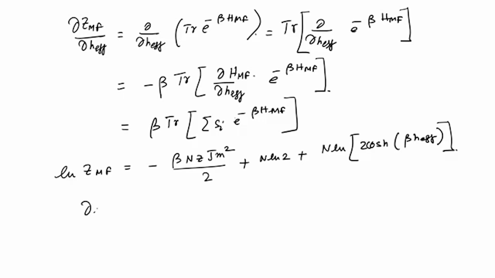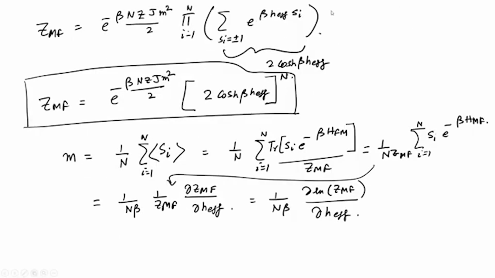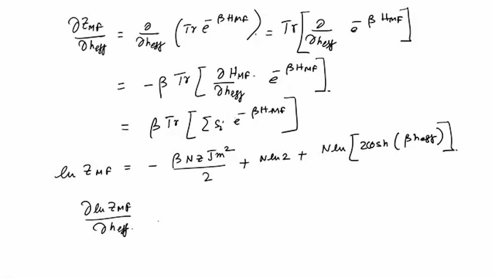Okay. So, del ln ZMF by del H effective, now that is the term that we have here, the last line that we are now calculating, and this is equal to n beta tan hyperbolic beta H effective. Okay.